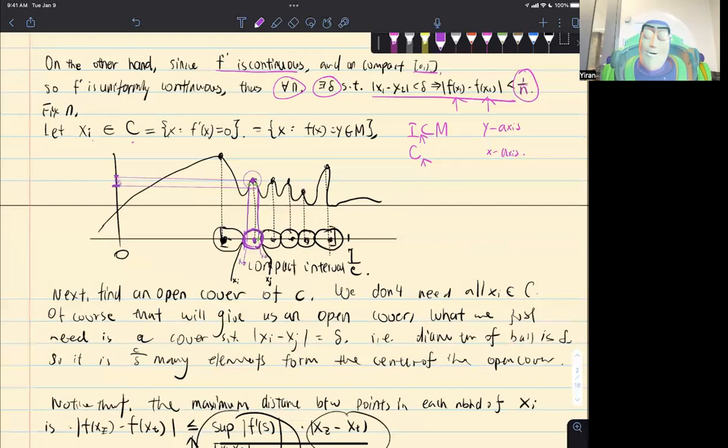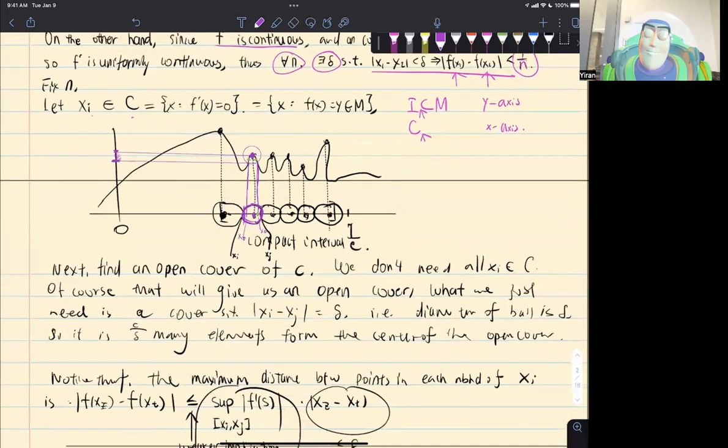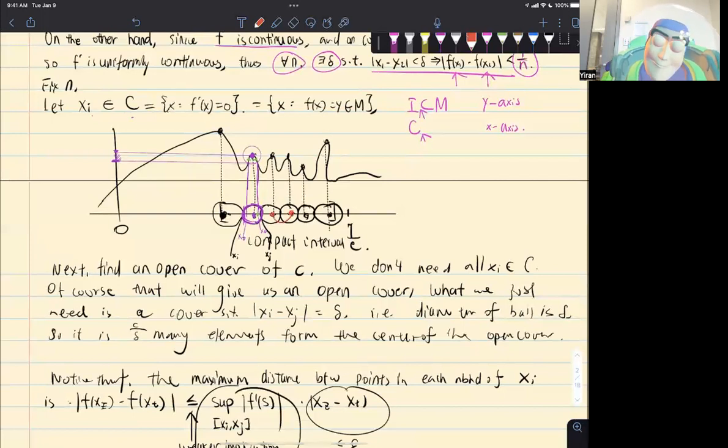That's why we can reduce to only the points such that for each xi, xj in C, the distance between them is smaller than delta. Here, if you see these points, their distance is smaller than delta. We just need this many points. That's enough for us.